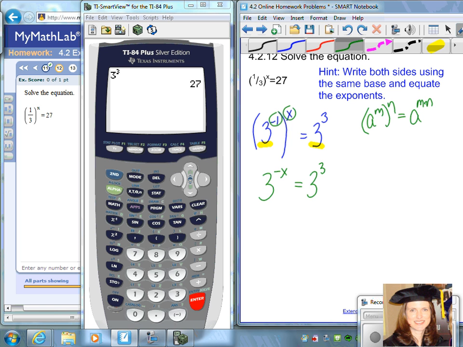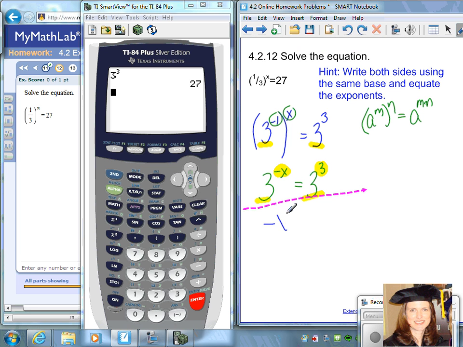Look what we have here: an equation where this base is equal to this base, so this exponent has to equal this exponent. We drop the bases and we get an equation that is -x equals 3.